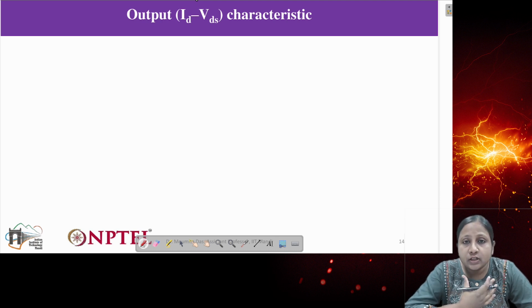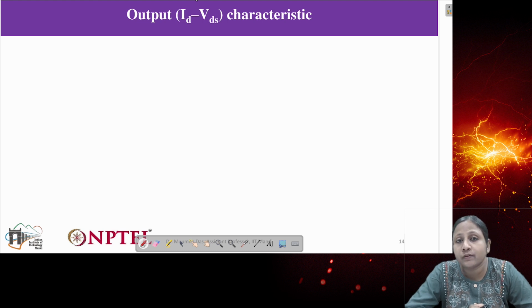If certain sets of characteristics are provided, from there we can get the required value. At least we can have an idea how the values will change. That is why it is important to see how the characteristics will be for different temperatures.